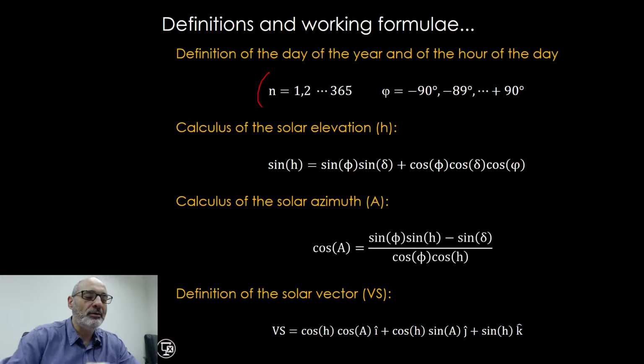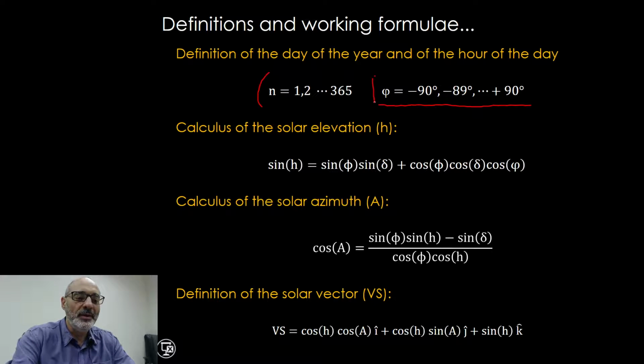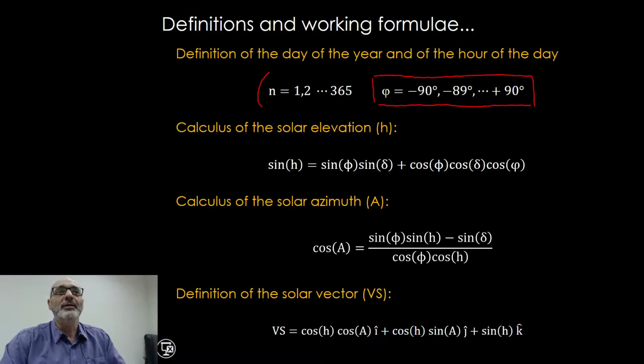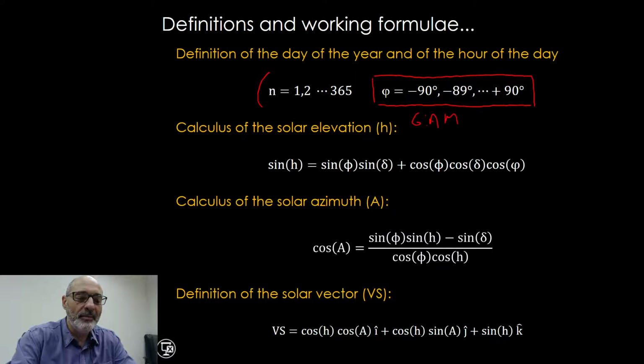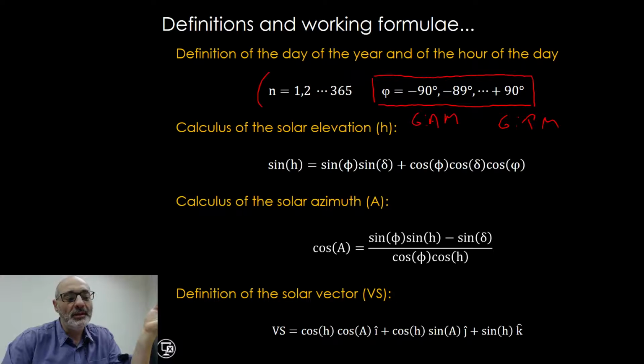So we already know how to calculate the day of the year. The hour of the day is much simpler because, as I mentioned, minus 90 degrees means 6 a.m., and plus 90 degrees means 6 p.m. So when we do our integrations, phi is going to range from minus 90 to plus 90, and that's it.